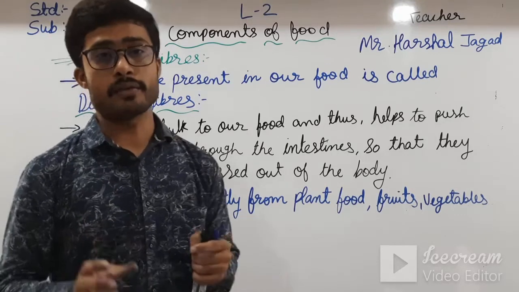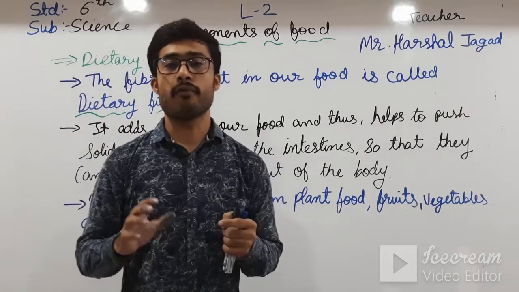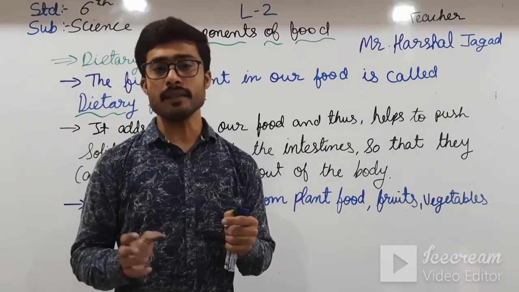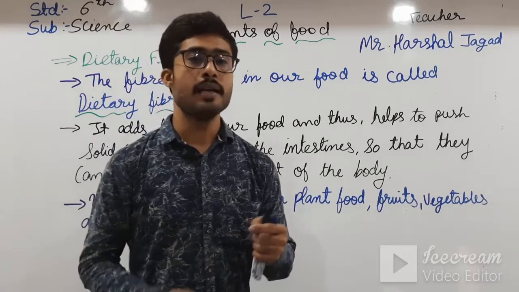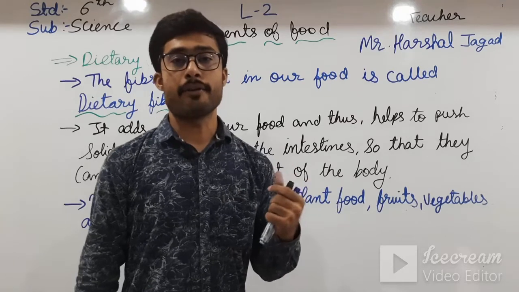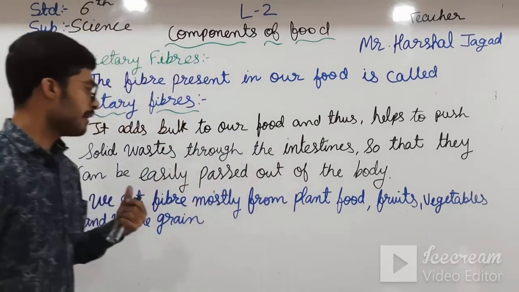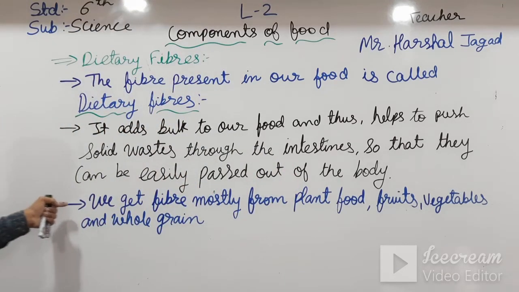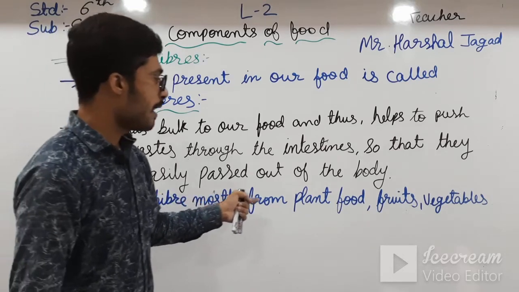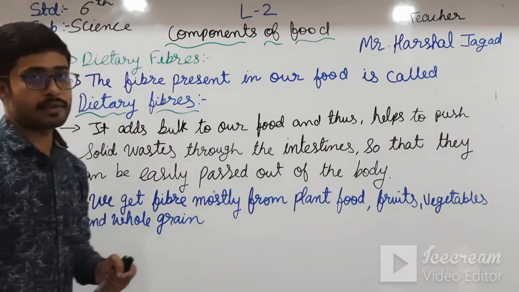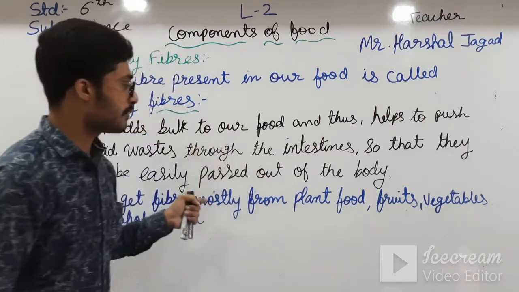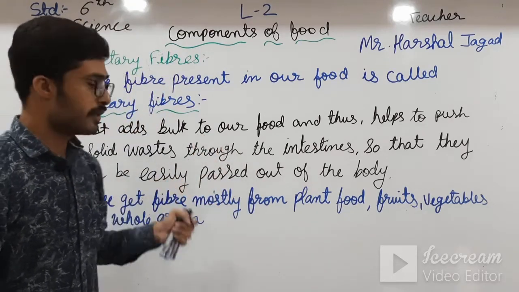The solid waste which is there in our intestine, for putting that out of our body, what we need are dietary fibers. And where do these dietary fibers come from? We get fibers mostly from plant food, fruits, vegetables, and whole grains. So from these places we get the dietary fibers.